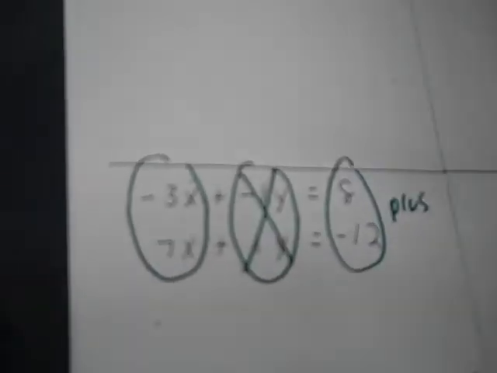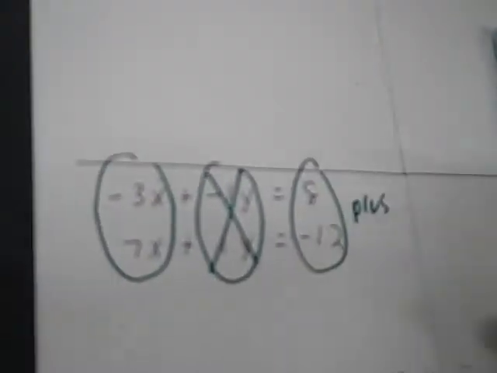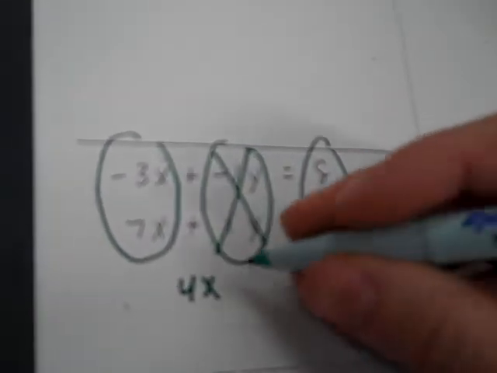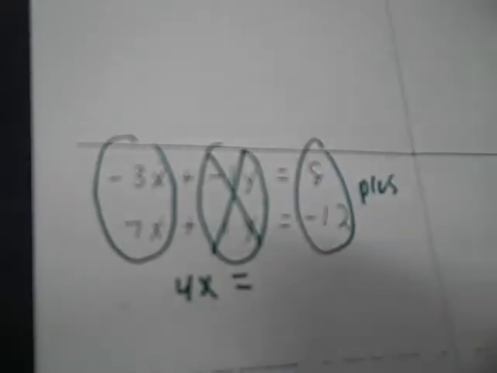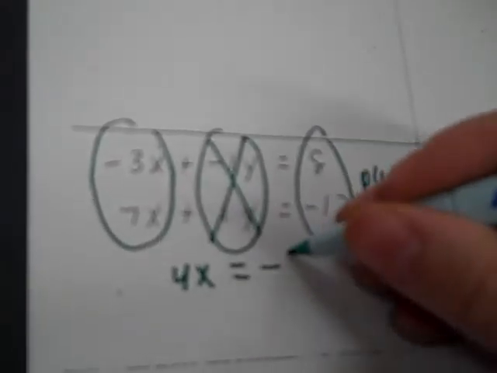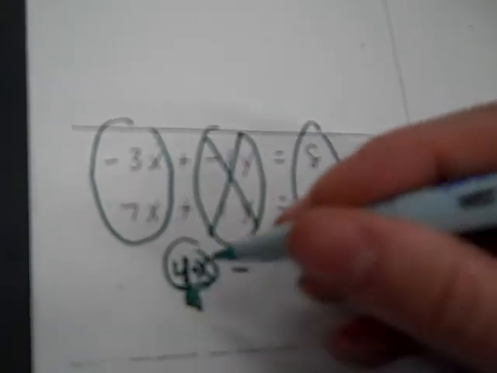So I plus. Negative 3 plus 7 is 4, so 4x. And then equals negative 4. All you do is dot your x, circle it, divide by 4.